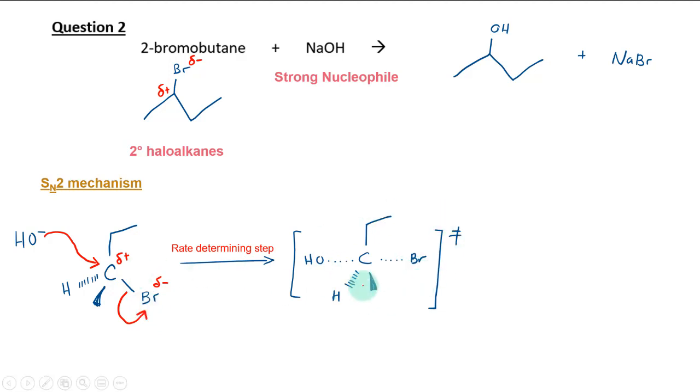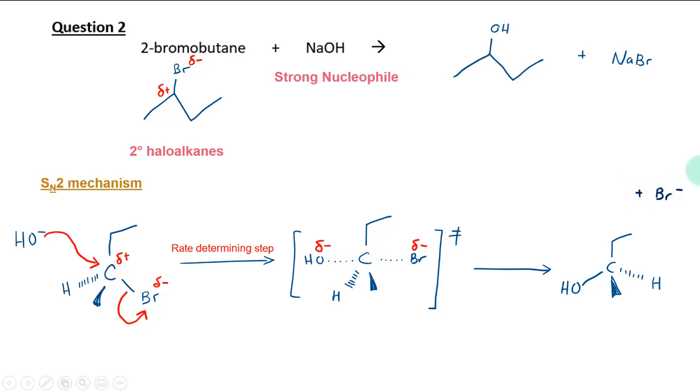Okay, this is your transition state where the bond is forming between carbon and oxygen, and the bond is breaking between carbon and bromine. So remember to write out your delta negative on oxygen and delta negative on bromine. The remaining three bondings follow exactly the same as how you drew them in the first structure, and then followed by the final products. So now it completes forming the bond between carbon and oxygen, and then there is a leaving group Br-.